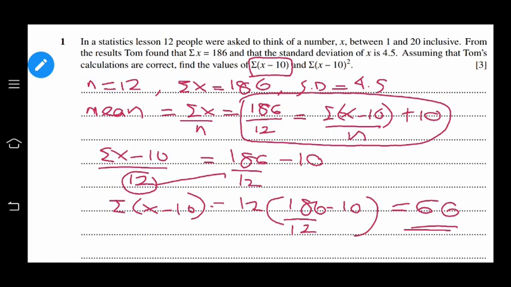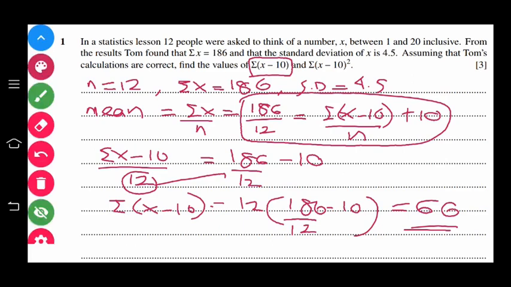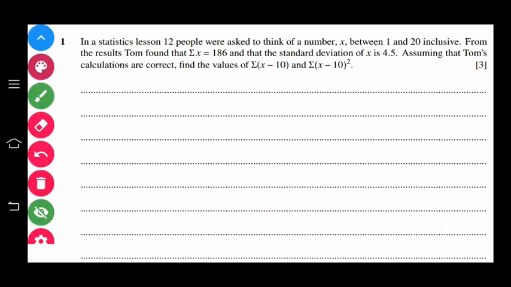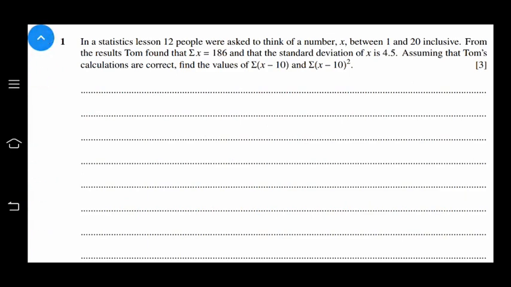Okay, now let's make use of standard deviation. Look at this, we need to calculate sigma (x minus 10) the whole squared. If it is sigma x squared or its corresponding calculations, you have to remember its variance. It's mentioned that standard deviation is 4.5.